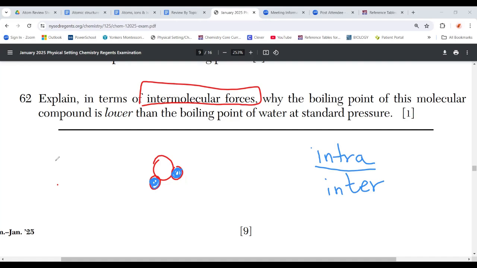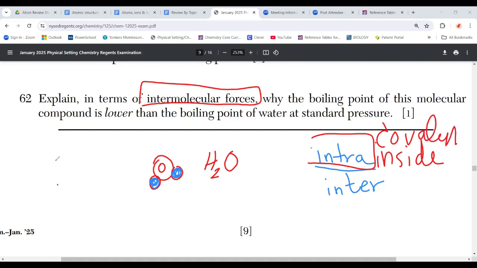You should know what water looks like at this point. This is an oxygen, and these little blue ones are hydrogens. So this is two hydrogens, 1, 2, and one oxygen. Okay. What's holding this molecule together? Intra means inside. I just said it is a covalent bond between two non-metals. Right? So what's holding this molecule together is an intramolecular bond. That's covalent bonding. That's not what I'm talking about here.